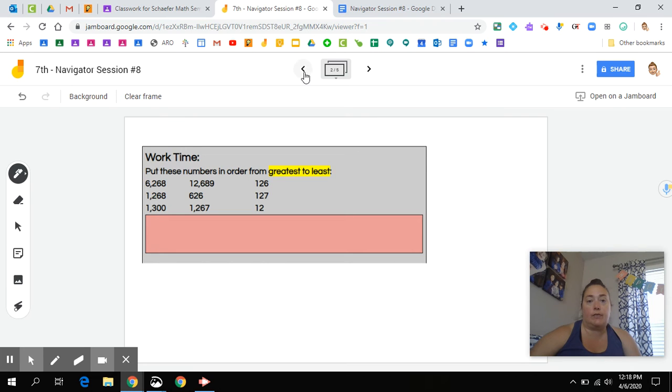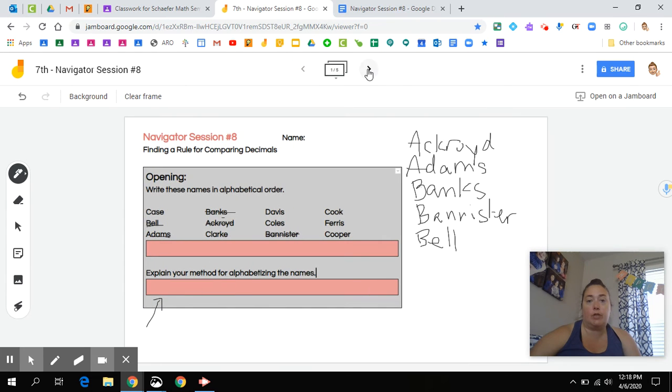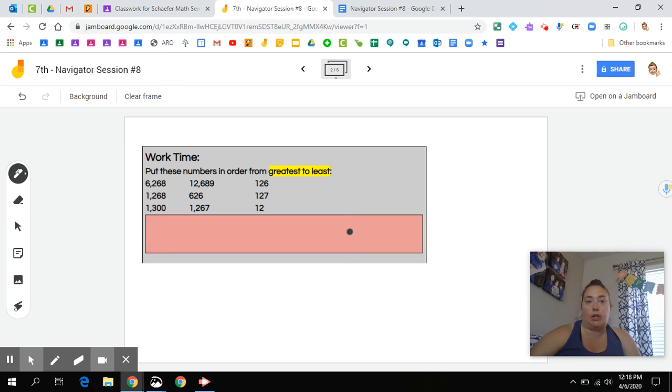Okay, so you guys have just finished up your first problems, you're coming back, and you're working here on your work time problems. So the first one gives us a bunch of numbers, and we need to put them in order from the greatest, so the biggest, down to the least. So I look at these, there's no decimals. These are all whole numbers, some numbers that are in the thousands, some in the hundreds, some in the 10,000s, some only in the tens.